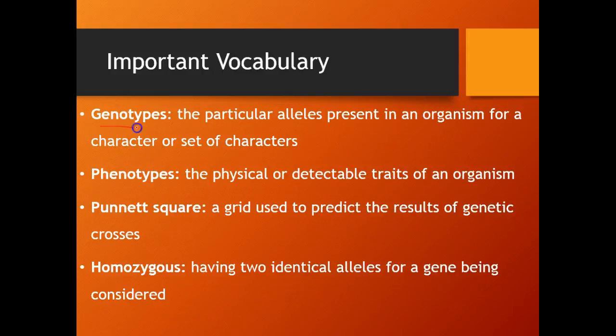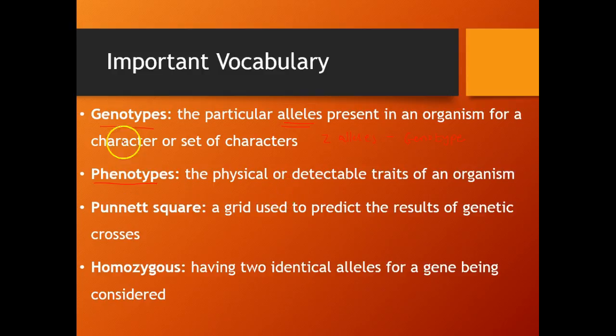We also went over what a genotype was, which is basically the alleles present for a certain gene. Each organism will always have 2 alleles or 2 letters in their genotype. That's really important for you to know because they always get one from their mom and one from their dad. We learned about phenotypes, which is the physical or detectable traits of an organism.